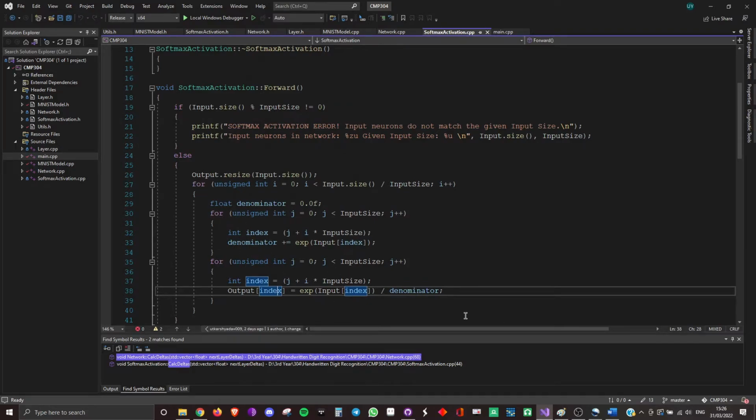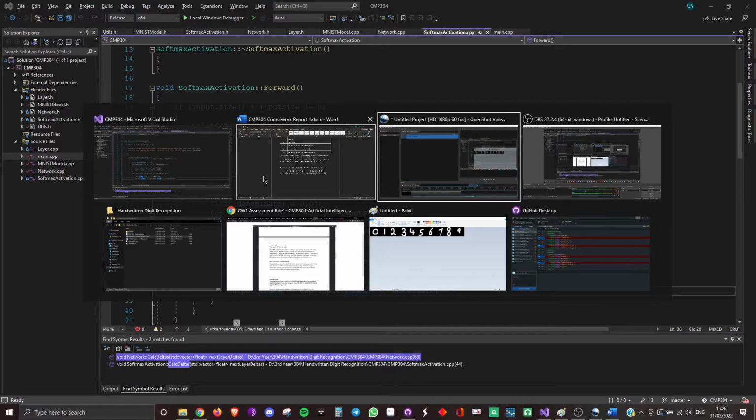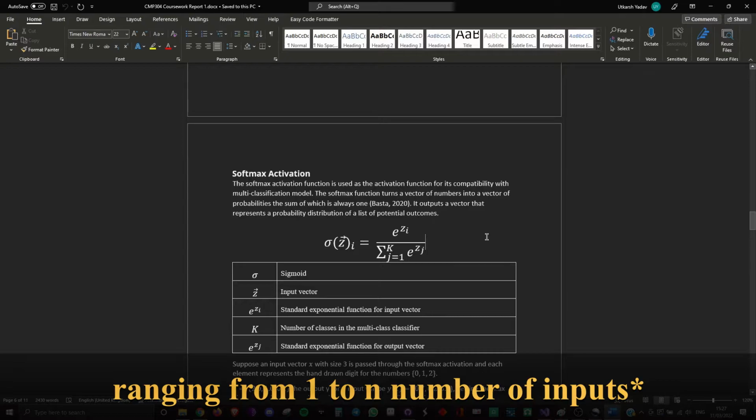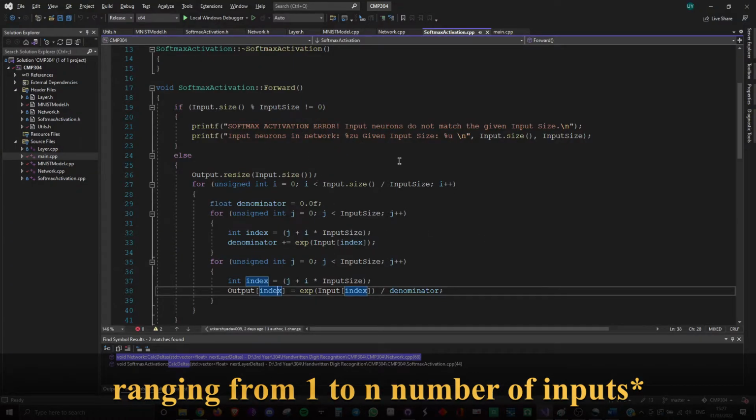That's just the normal form of the softmax activation function, nothing changed in that. It's this one, where the numerator is the input vector and the denominator is the sum over the output vector, ranging from 0 to 1, and k here is the number of classes. In this project, there are 10 classes.